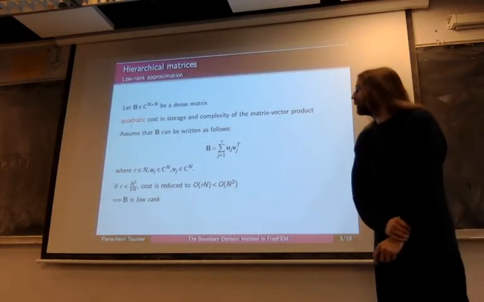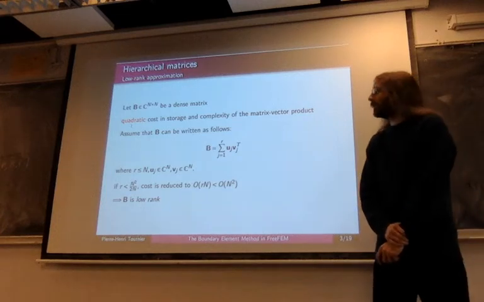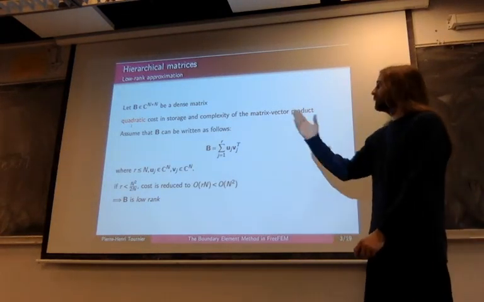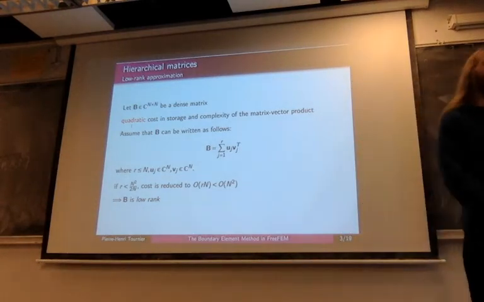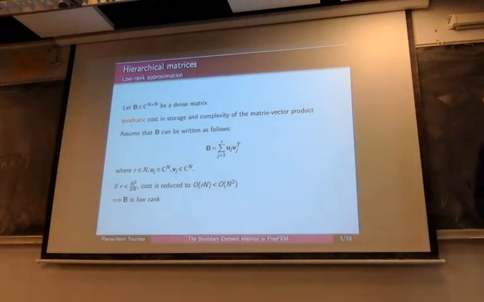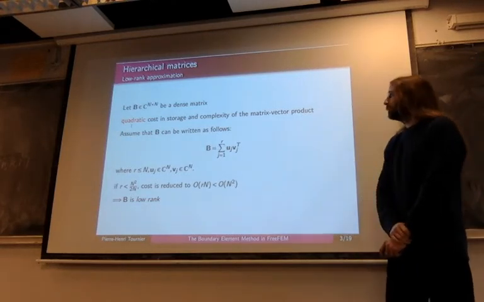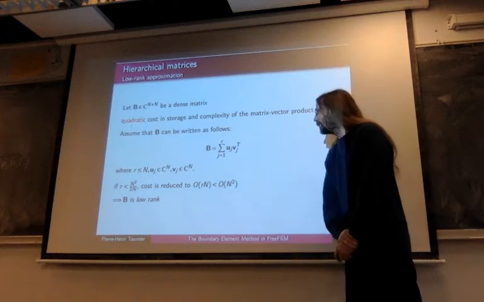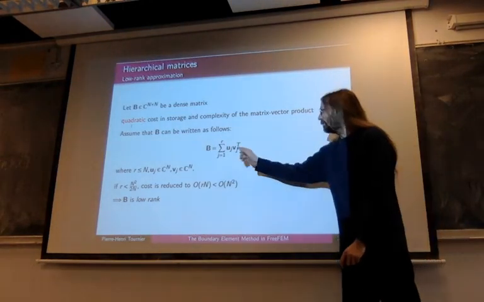Okay, so as Xavier said, you have a dense matrix B, and you have a quadratic cost in storage and complexity for the matrix vector product, and you don't want that, so you need to do something else. So for now, let's assume that B can be written as follows: the sum for j equals 1 to R of u_j v_j transpose.